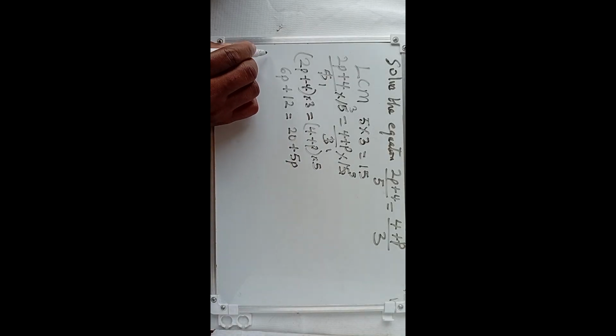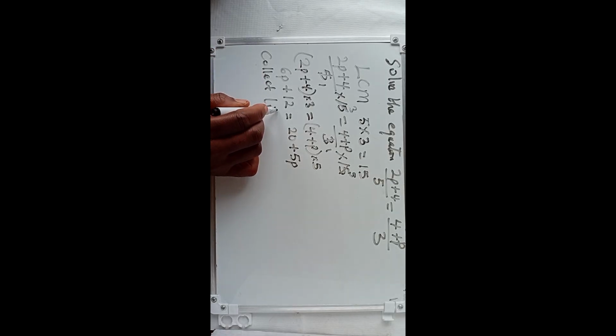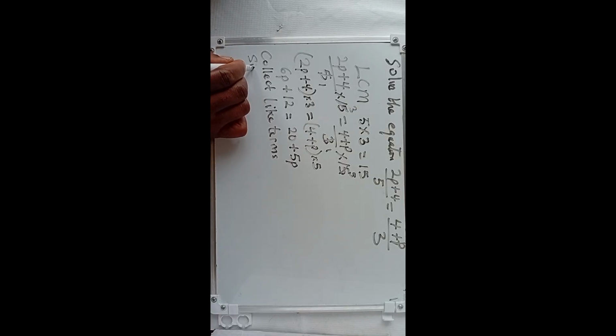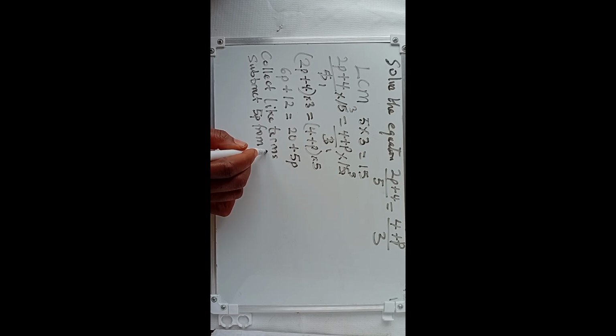The next thing is that we should collect like terms. We want to move 5p to the left hand side. We are having plus 5p, so we subtract 5p from both sides.